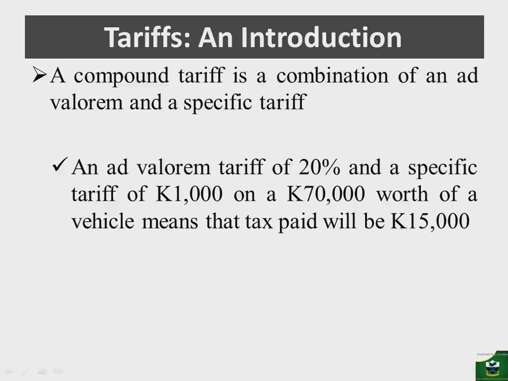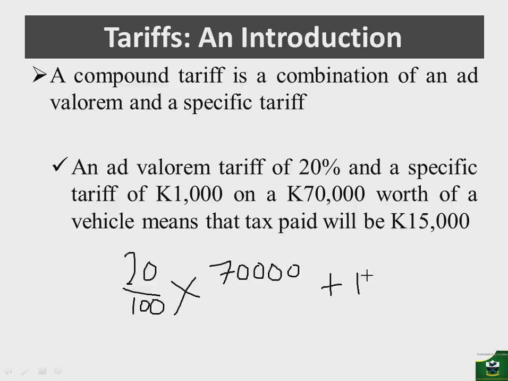Now, how this is done is that you first take the 20% from your ad valorem tariff. So you say 20 over 100 multiplied by the 70,000 kwacha, plus the 1,000 kwacha, which is the fixed tariff.